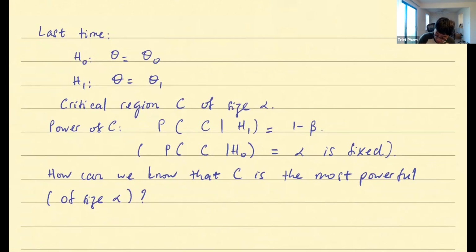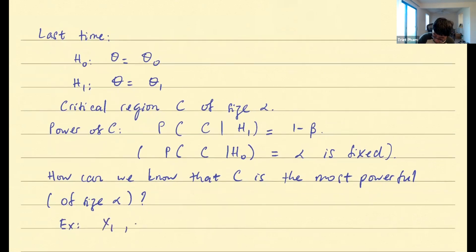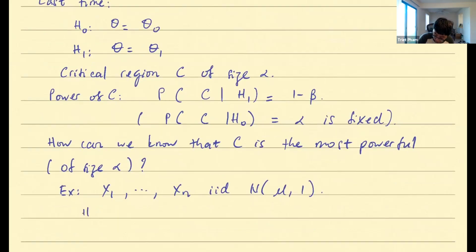The example you want to keep in mind, and from there we can branch off to other examples, is the following: X1 up to Xn, IID normal, mu, 1. And we have the hypothesis test, let's say mu equal to 0 and mu equal to 2.